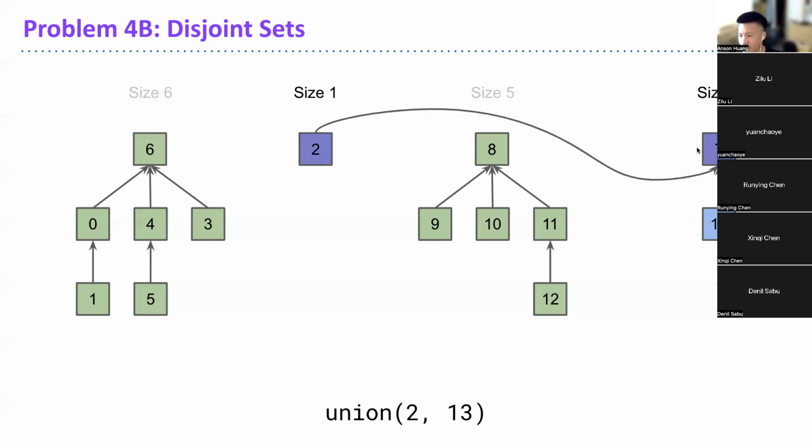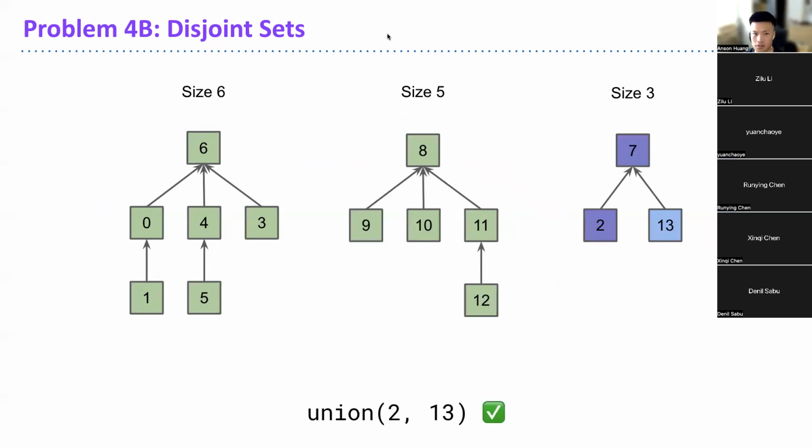How do y'all know that? How come 2 points to 7? Yep, exactly. The key point here is the smaller size points up to the larger size. So since 2 has a size of 1 and 7 has a size of 2, 2 is going to point to 7.